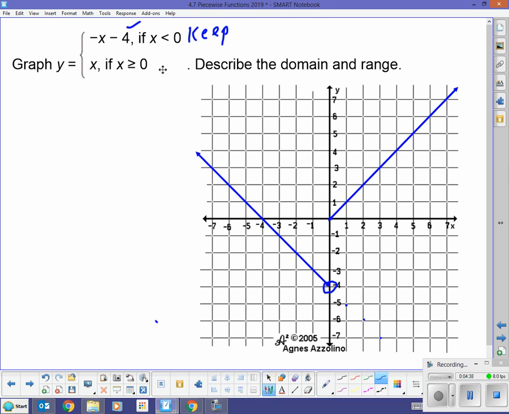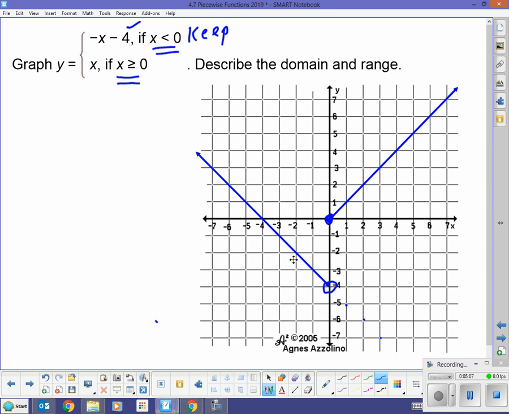Since it's greater than or equal to 0, I'm going to put a closed dot there. So this is the graph of this piecewise function. I'm only keeping the parts as defined by this. I like the idea of graphing the whole thing first, then keeping the part defined by the domain, and getting rid of the other part.